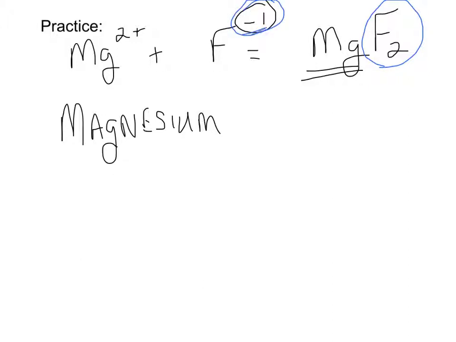It only has a -1 charge and always a -1 charge. Its normal name is fluorine, but when we're naming it, we drop off the INE and add an IDE. So the name of this is going to be magnesium fluoride.